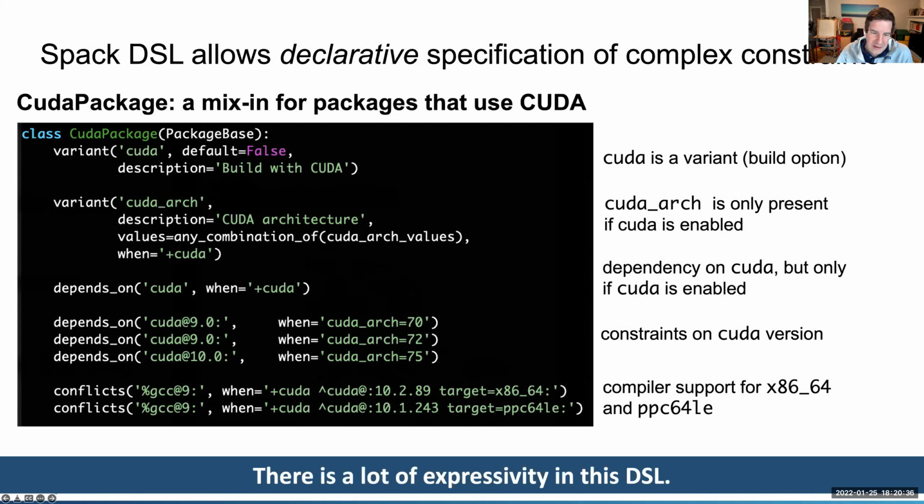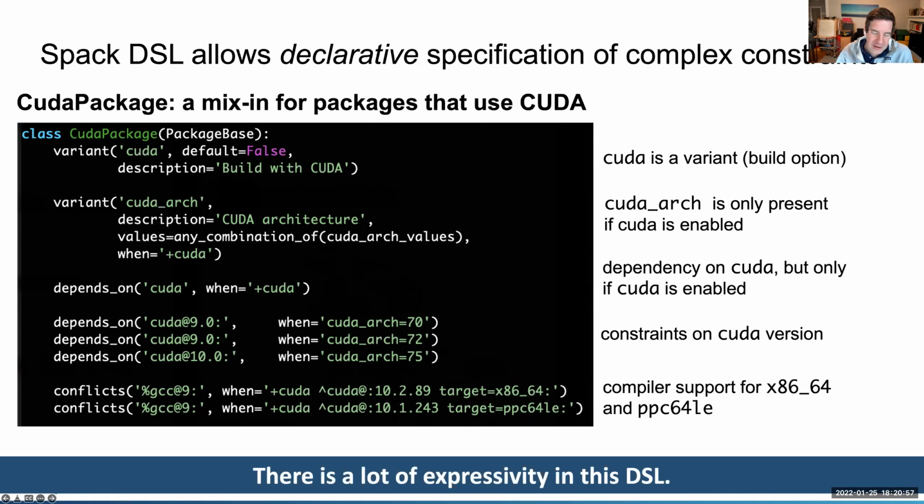So if we're on x86-64 and CUDA is enabled and we're depending on CUDA at up to 10.2.89 on x86-64, then we need GCC at 9 or higher. Turns out on PowerPC, the version of CUDA that supports that version of GCC is actually a little lower, I guess.